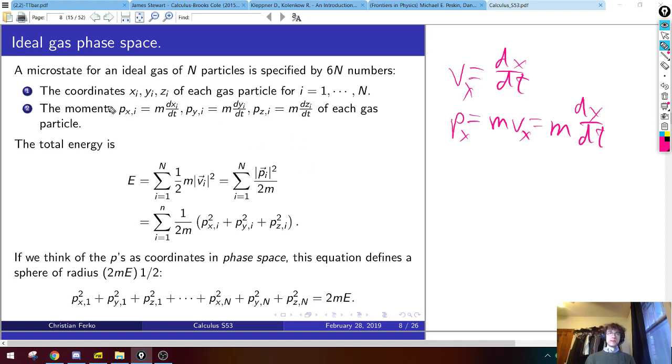But that's fine. So now I need to give you 3 coordinates and 3 momenta for every gas particle. 3 plus 3 is 6. 6 times n is 6n. So the total phase space for an ideal gas has 6n numbers. A simple example is if there's just one gas particle, then I have some 6-dimensional phase space where I have to give you x, y, z, px, py, pz.